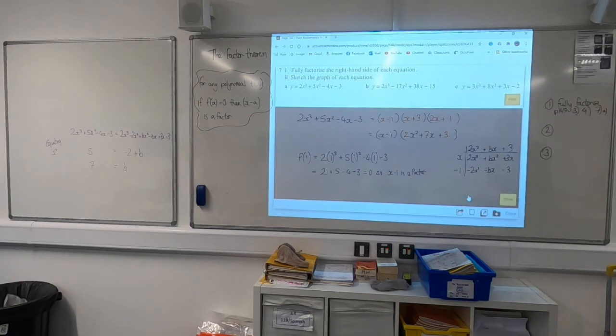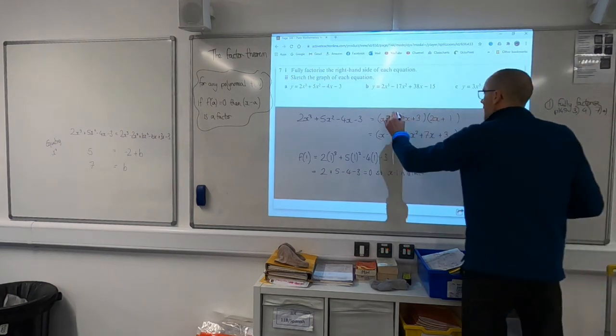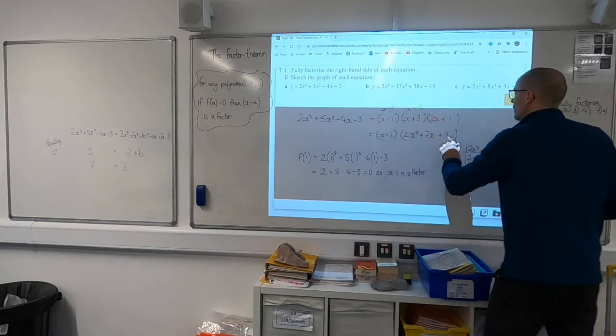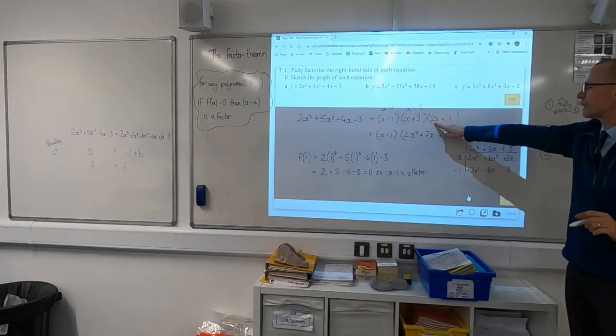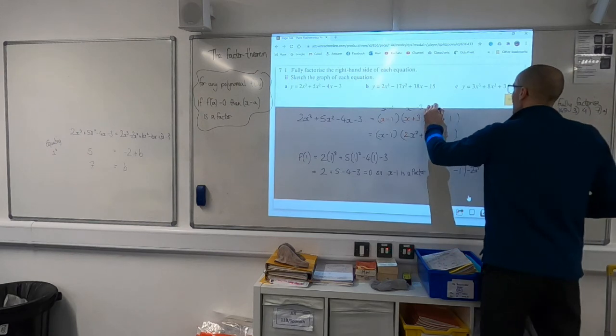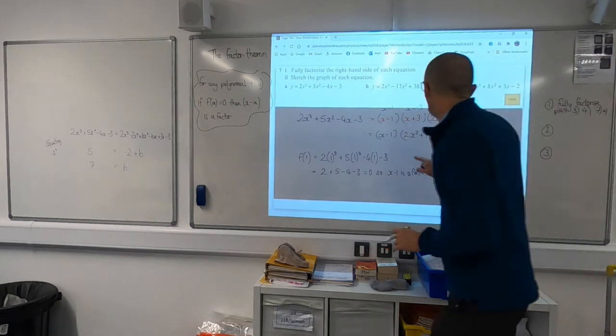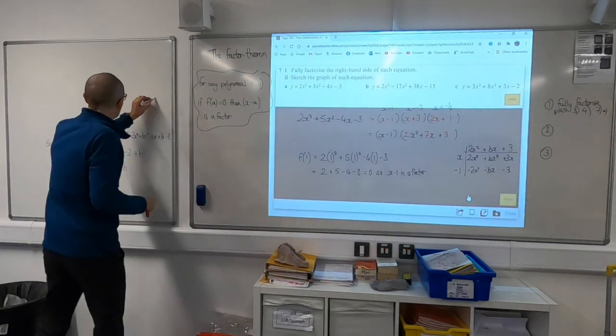Now, of course, this question is a sketching question, and Pat's absolutely right. We've done this sort of thing before. We now know that x is 1, x is -3, and 2x would have to be -1, so x is -1/2 are our roots. And that means that's where this cubic would cross the x-axis.